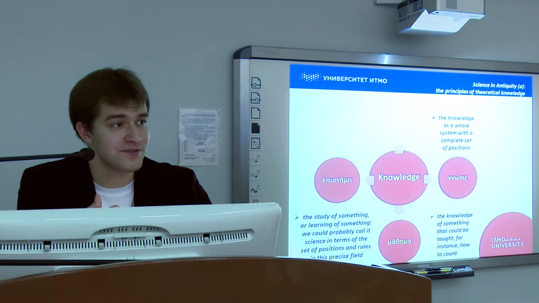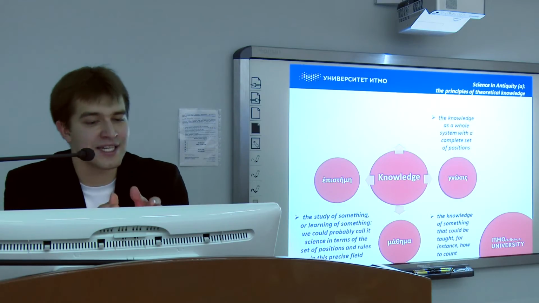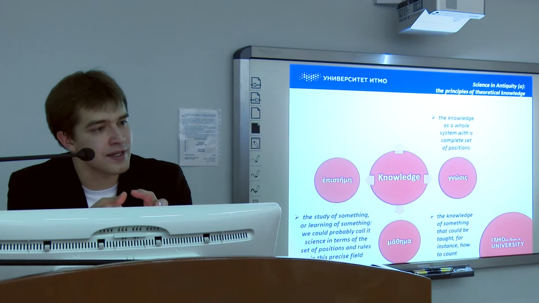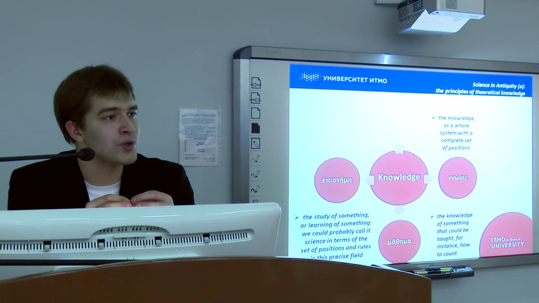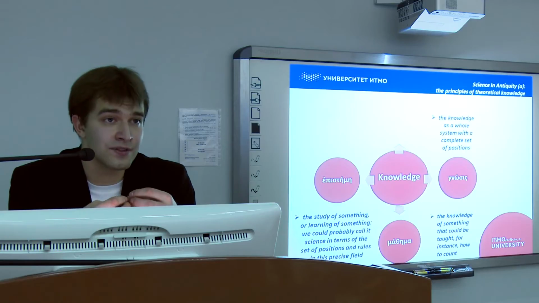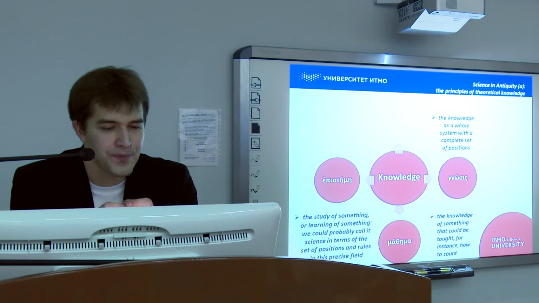This is called maieutics in the ancient Greek tradition. So he compared himself to a midwife, and at the same time he considered himself to be something like a doctor, because only medicine in ancient Greece was what we really could call science as such, the strict form of knowledge, the strict type of knowledge.